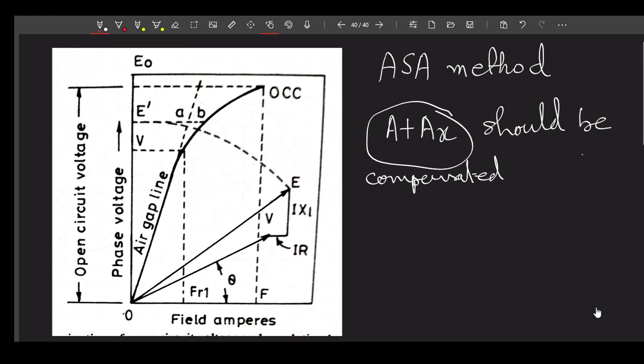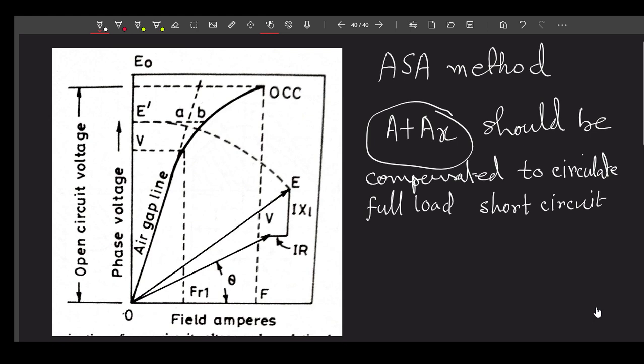Should be compensated. To circulate full load short circuit current, right?